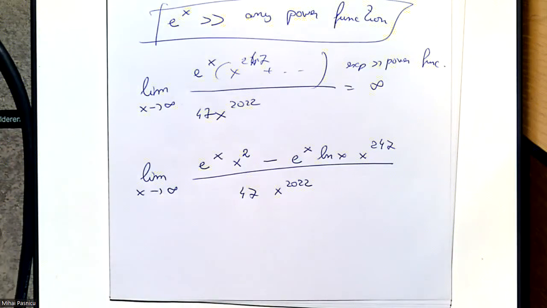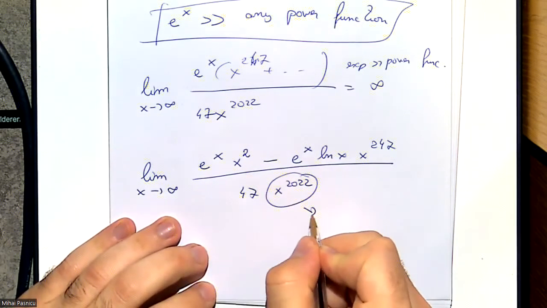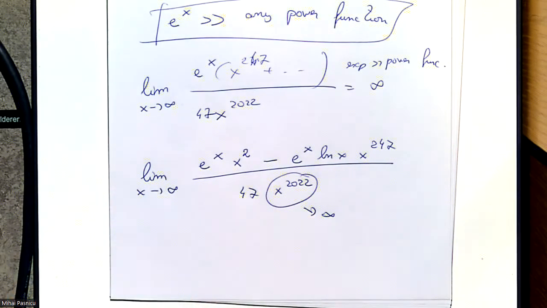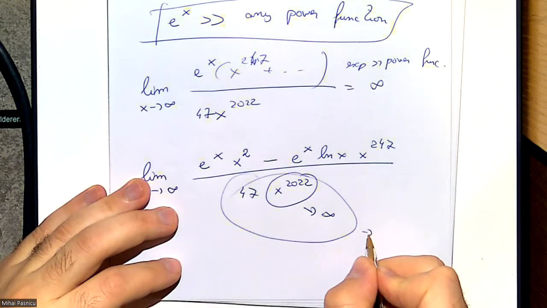Okay, cool. So we have this one. What is the problem with this? Well, we start with the only thing we know how to do, which is evaluate. When x goes to infinity, the bottom goes to infinity. Clearly, this whole thing goes to infinity.